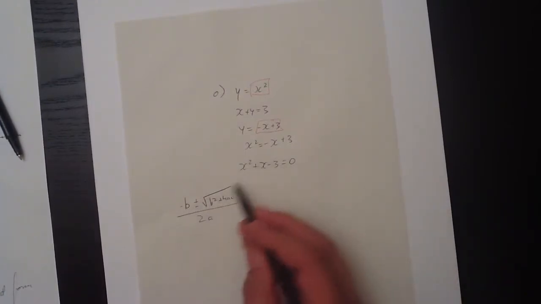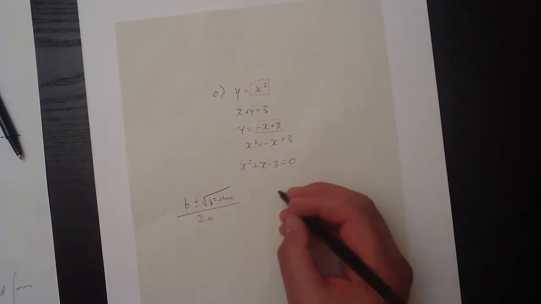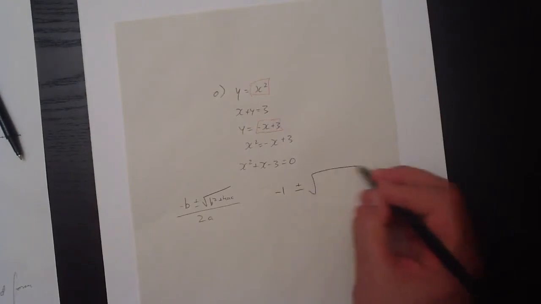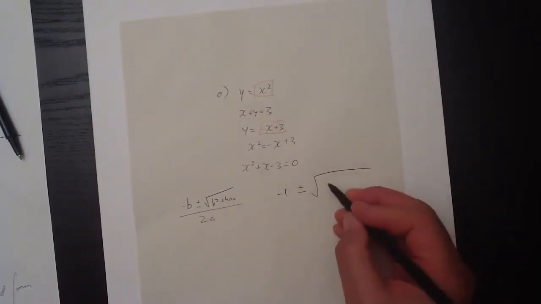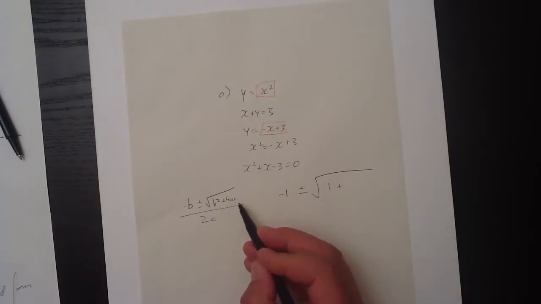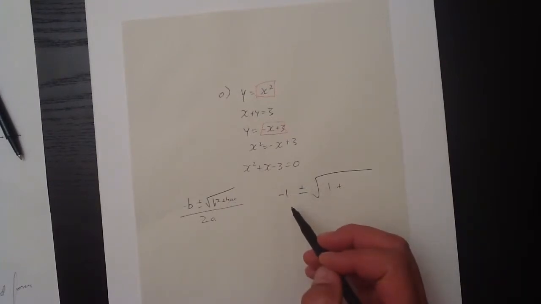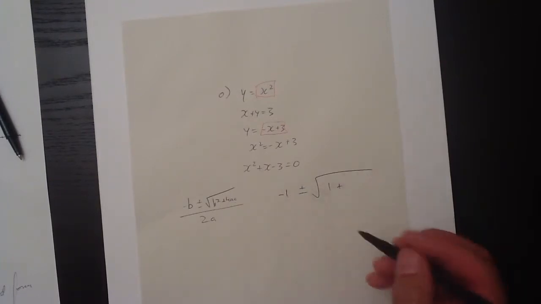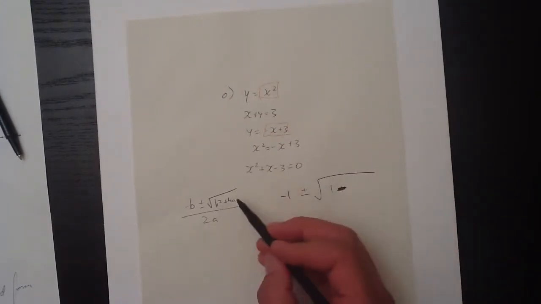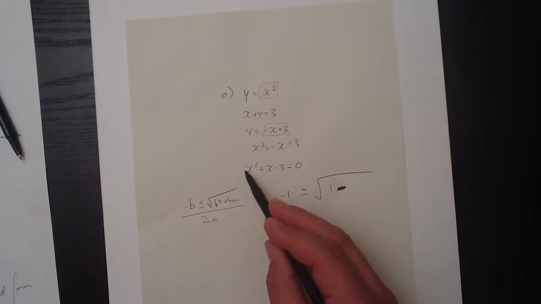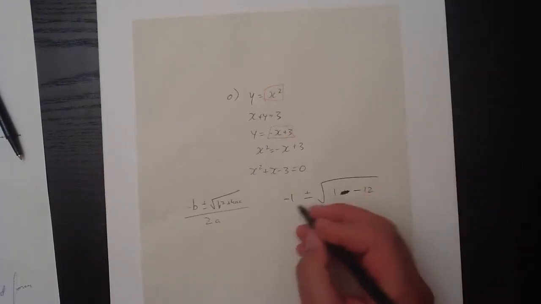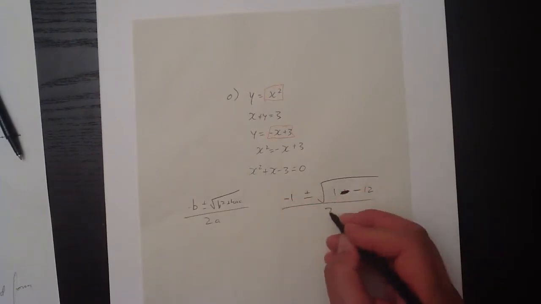So minus b, of course, is minus 1, plus or minus root b squared minus 4ac. 4 times 1 is 4, times negative 3 is negative 12, over 2 times a, which is 2.